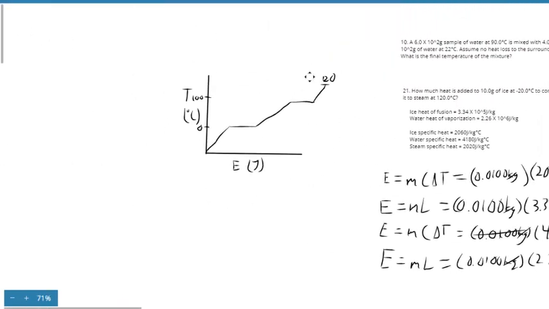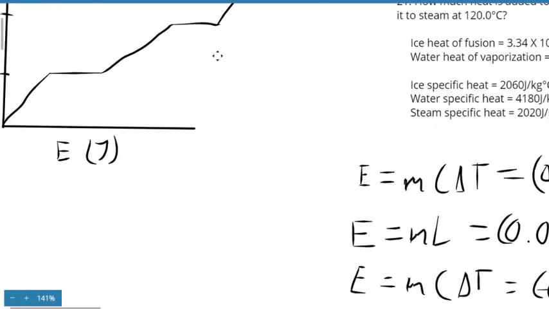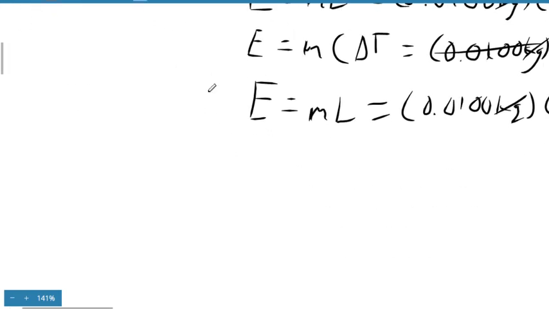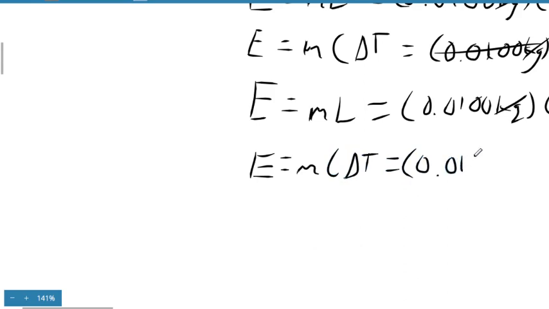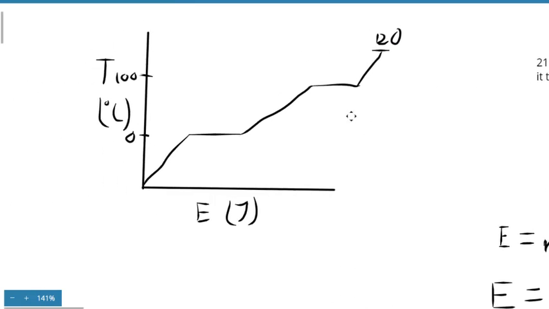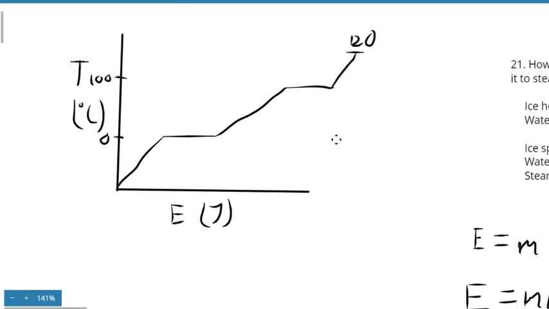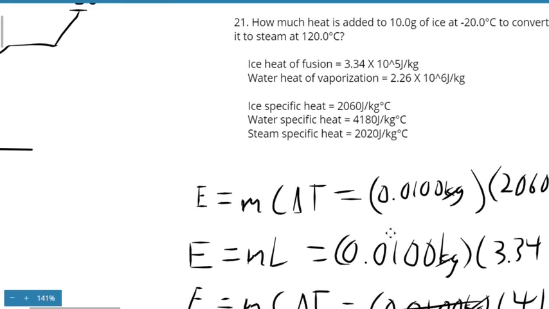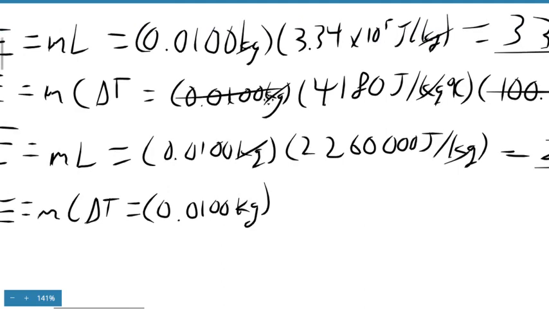Now, last one finally. It's slanted, so we use the formula E equals mc delta t. So m, 0.01, and then c, let's take a look, specific heat, and we're at steam right now because we passed 100 degrees for water, so it's 2020 joules per kilogram degrees Celsius.